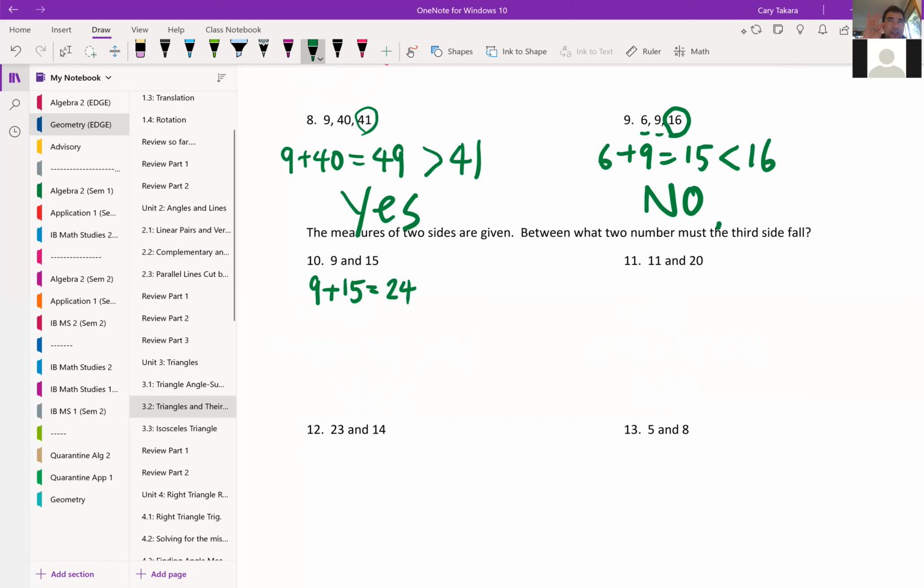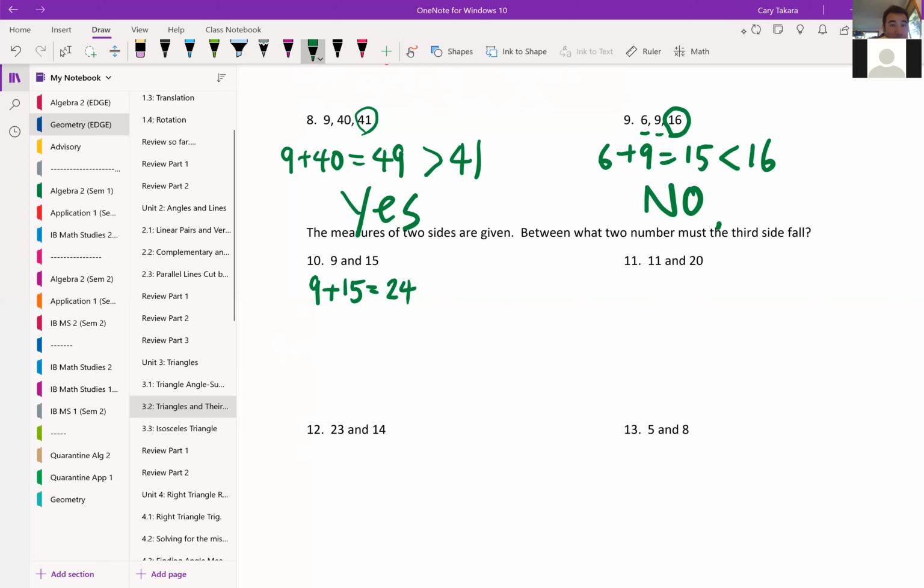That means the third number has to be less than 24. It cannot be 24, but it has to be less than 24. So any number that you pick less than 24, 23, 22, 21, or even a decimal, 21.5, would work.